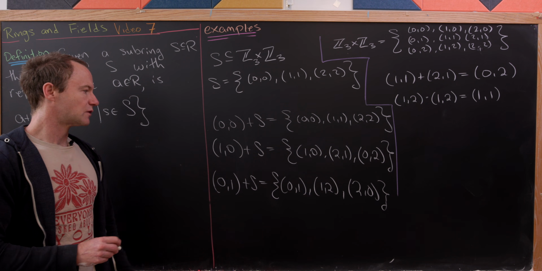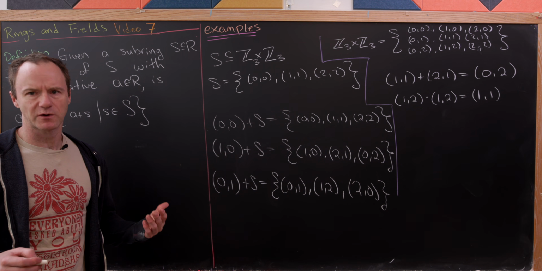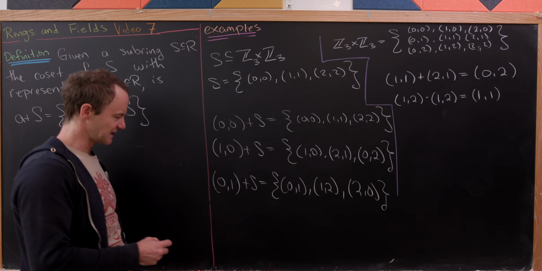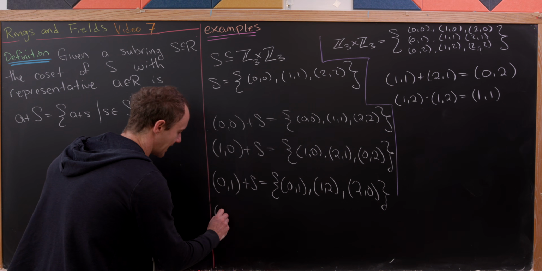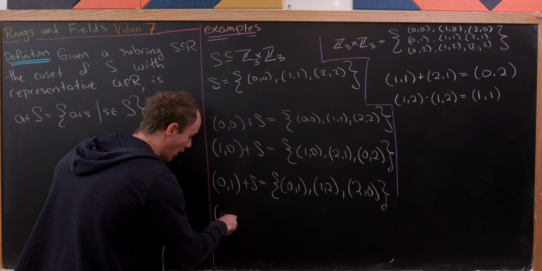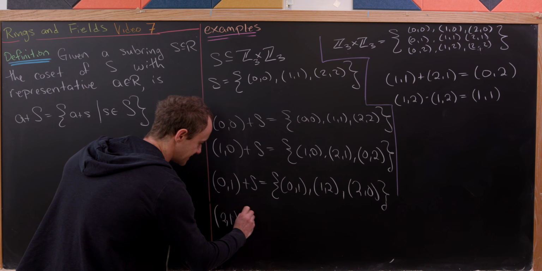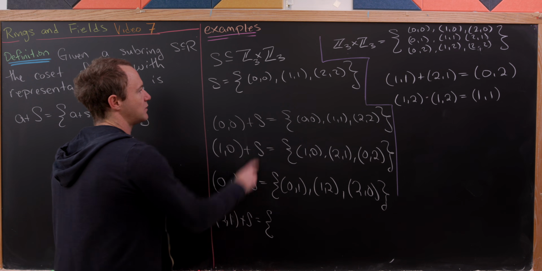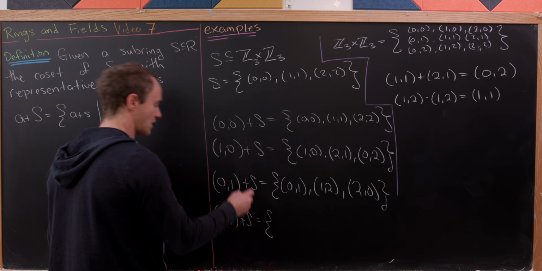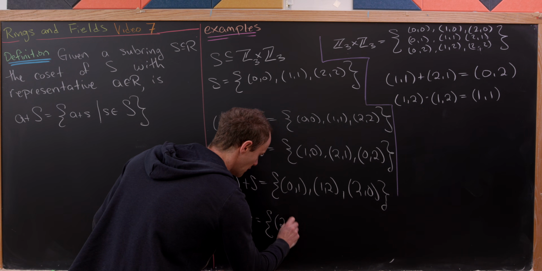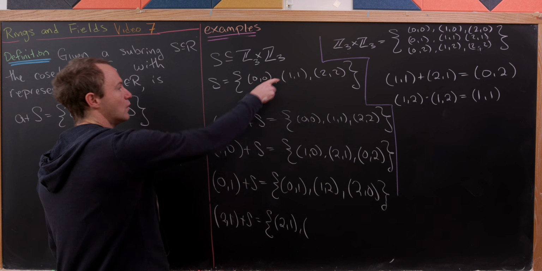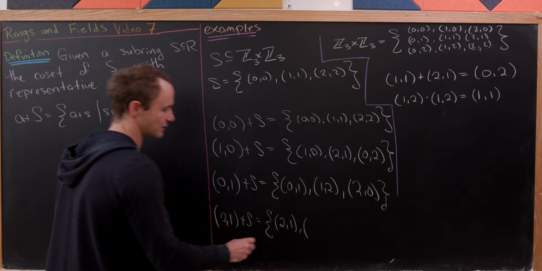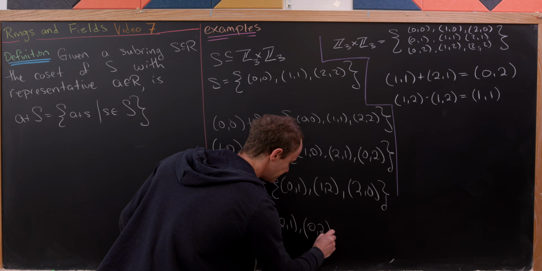So let's calculate a coset with a different representative just to make sure that we get one of those on this list. Let's perhaps look at (2,1) plus S. If we do (2,1) plus (0,0), we'll get (2,1). If we do (2,1) plus (1,1), we're going to get (3,2), but 3 is 0, so we'll get (0,2).